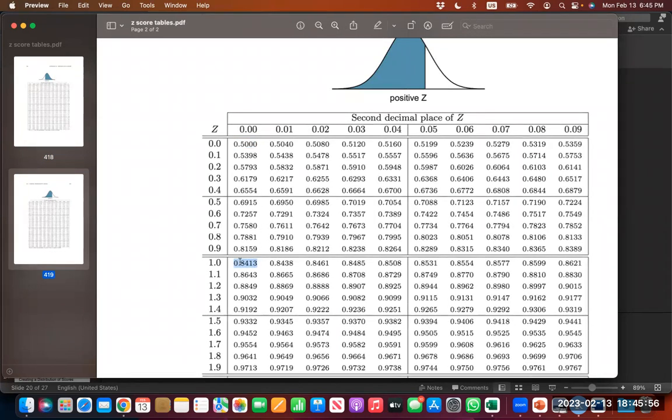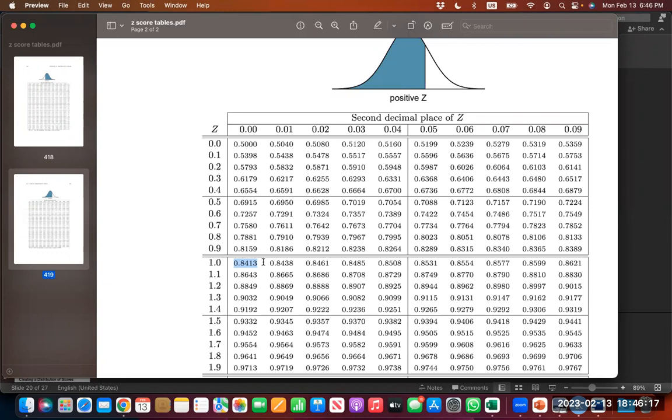So 84% is here, 50 plus the 34%, and greater than that you have 16%.